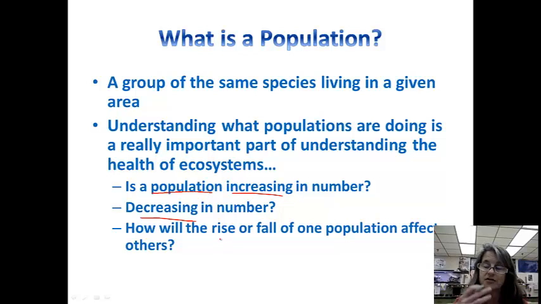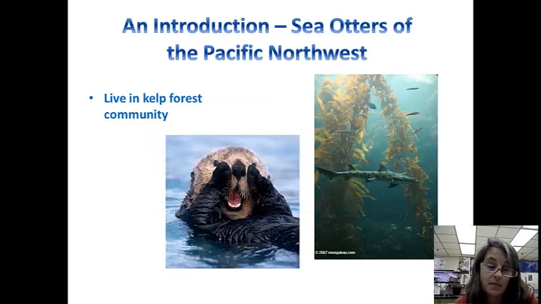How will the rise or fall of a single population, perhaps of squirrels, impact other populations of other organisms in your ecosystem? Of all the ecological studies that occur, studies of populations are really important and probably what you may hear most about when you hear about ecology.